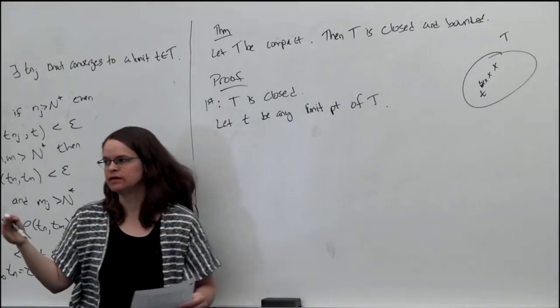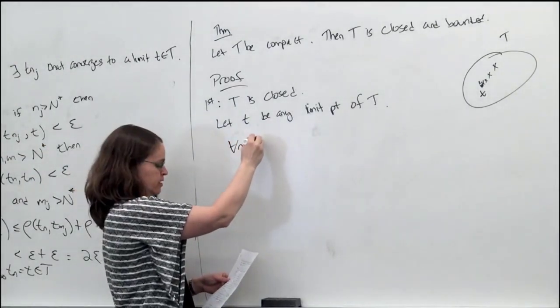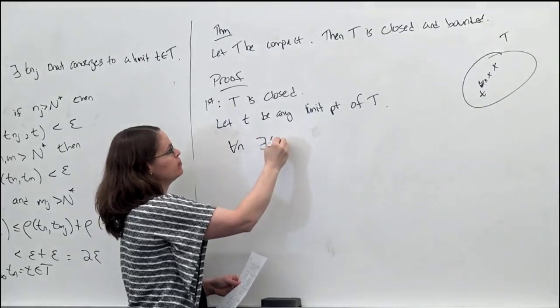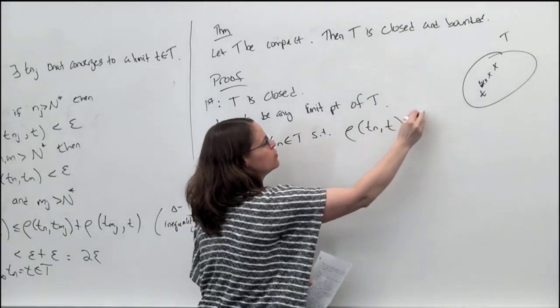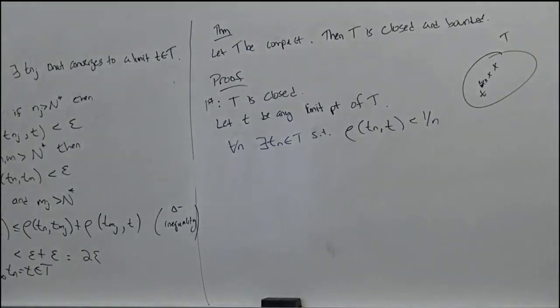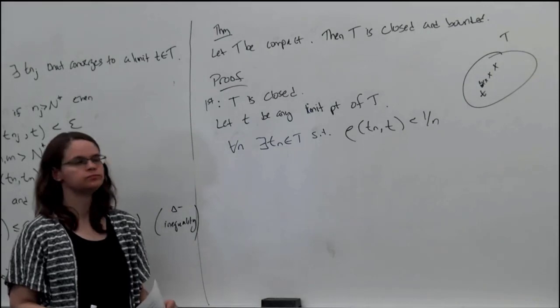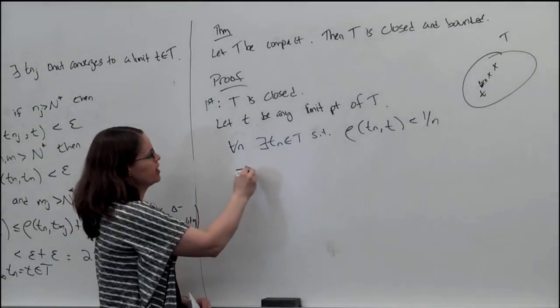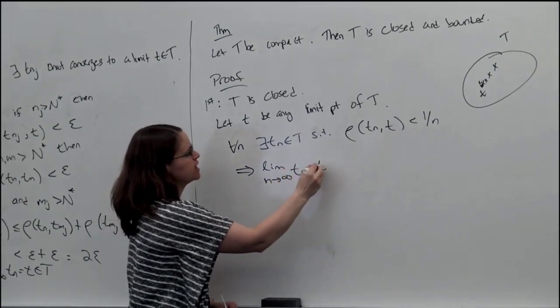Every neighborhood contains some point in capital T. So we can say that for all n, we can find some point that's within a distance 1 over n of my limit point. That's what it means for something to be a limit point. Points get arbitrarily close to here. So that's the statement that Tn converges to T.